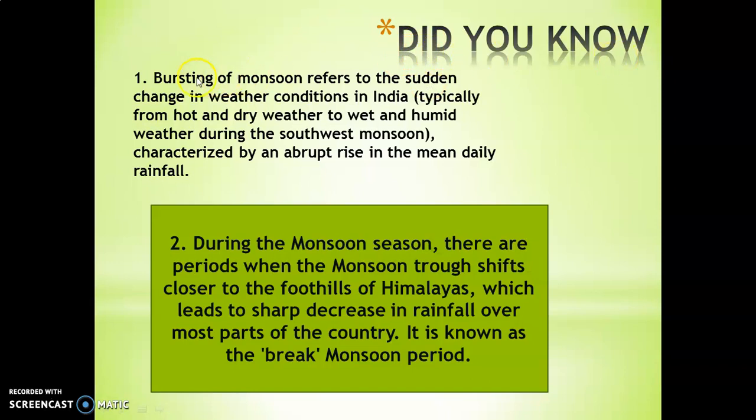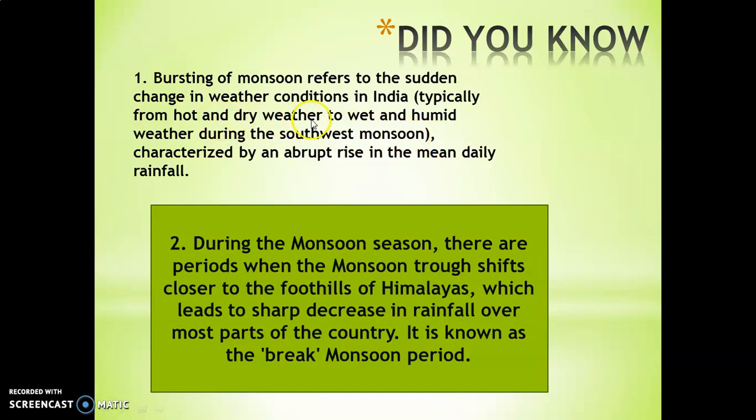Did you know, student, what is monsoon burst or bursting of monsoon? We know there are 4 seasons: hot weather season, then after hot weather season, southwest monsoon, the rainy season, comes.